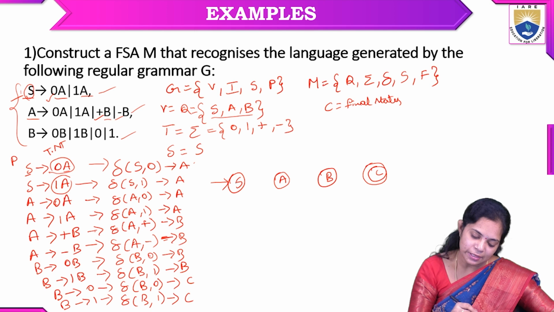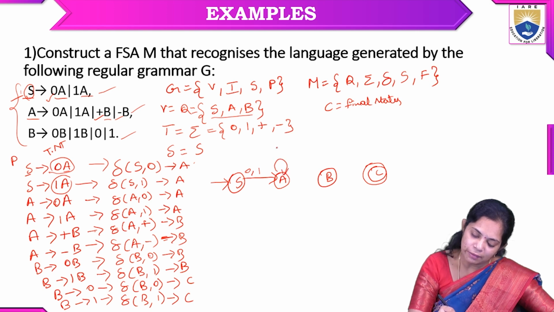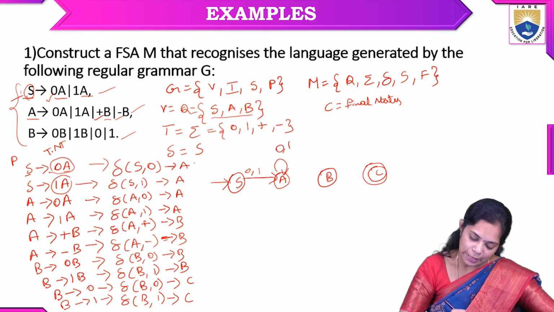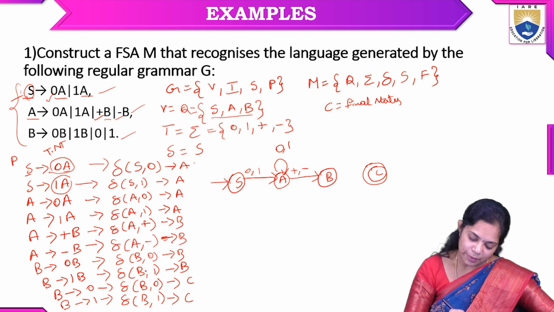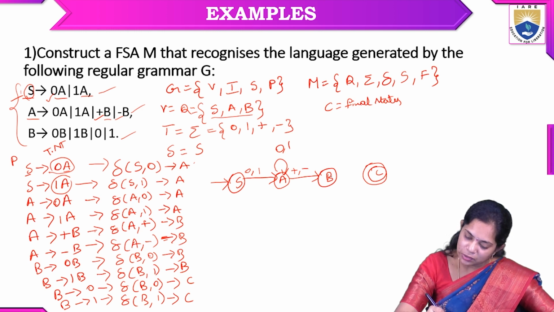And for S on 0 comma 1, it is reaching A. And A on 0 comma 1, it is reaching itself, so 0 comma 1. And A on plus comma minus, it is reaching B. And B on 0 comma 1, it is reaching itself, so B 0 comma 1.